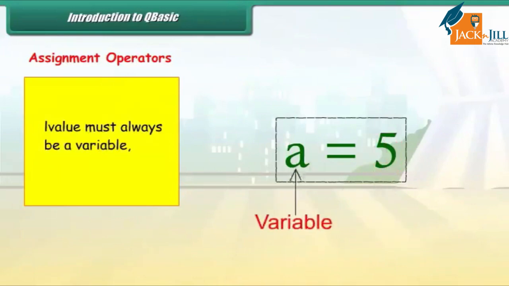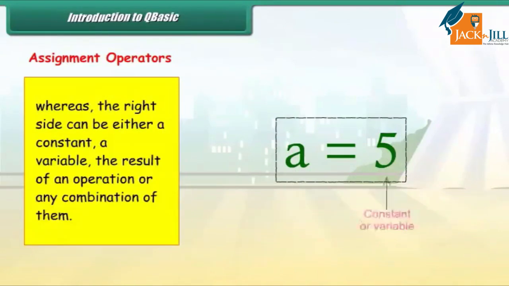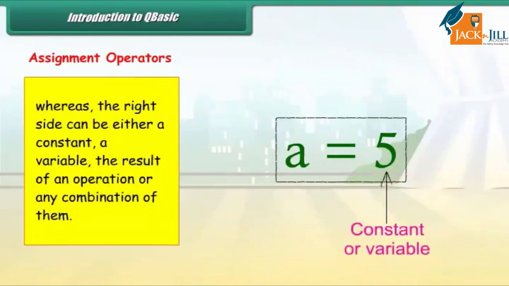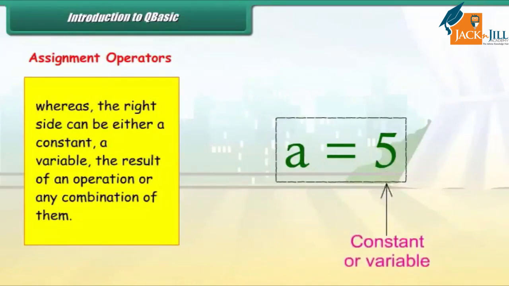L value must always be a variable, whereas the right side can either be a constant, a variable, the result of an operation, or any combination of them.